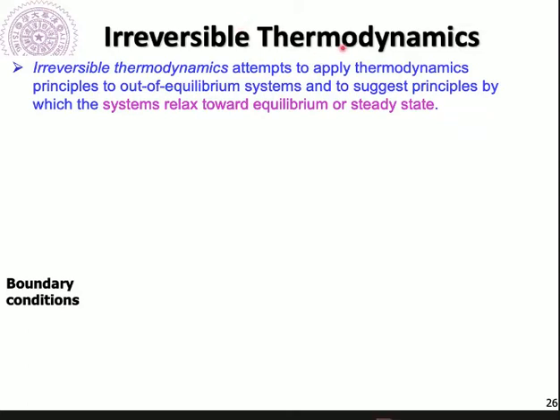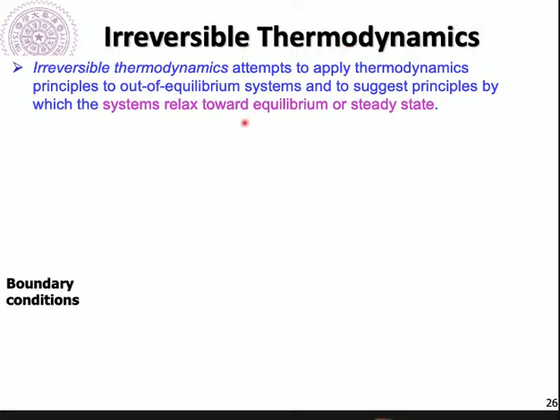Usually, in thermodynamics, we talk about a reversible process. That means every change we make is a very tiny change, no matter whether it's pressure or volume, then the system can reverse to the previous state easily. We call it a reversible process.